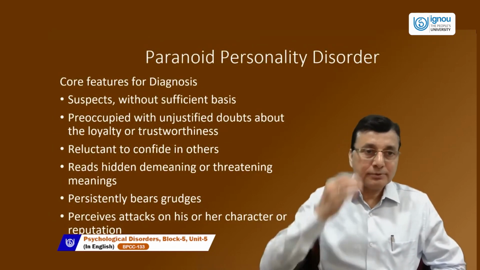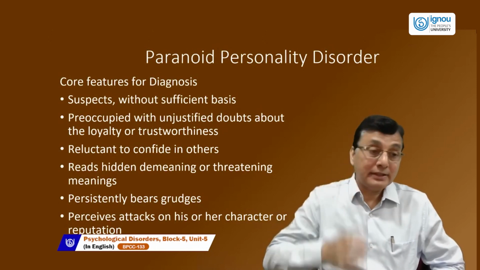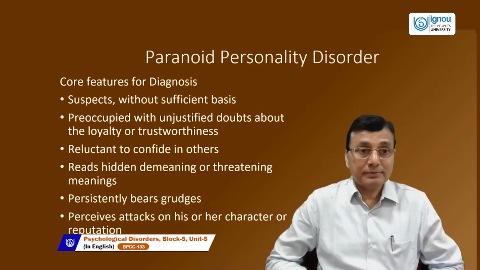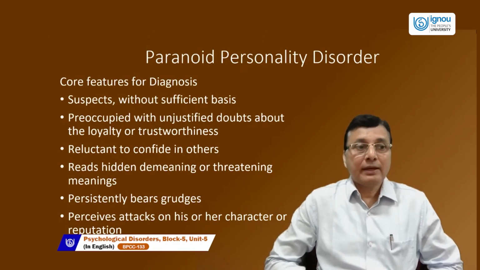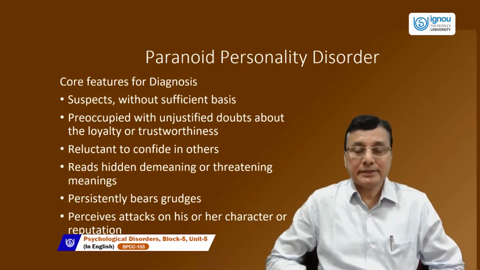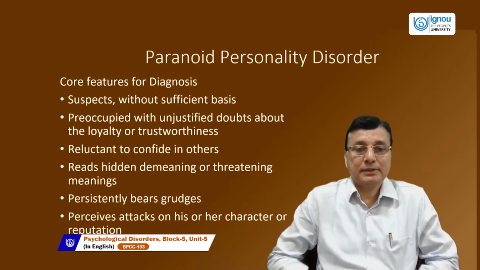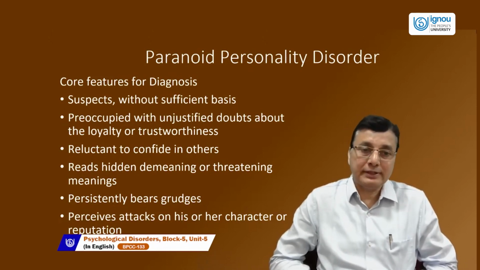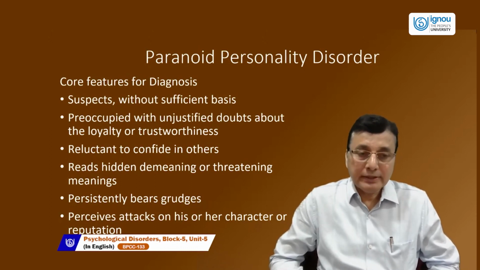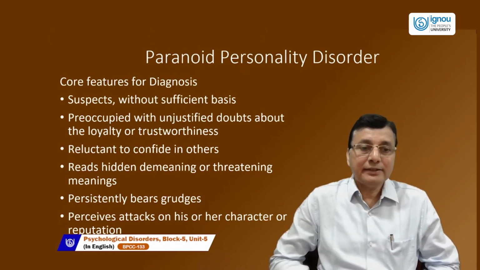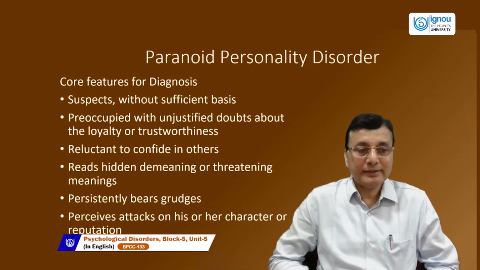So the core features for diagnosis as described in DSM: they suspect without sufficient basis, are preoccupied with unjustified doubts about the loyalty or trustworthiness of partners or friends or others, are reluctant to confide in others, and do not believe in others, they do not develop faith in others. They read hidden demeaning or threatening meanings in benign remarks.